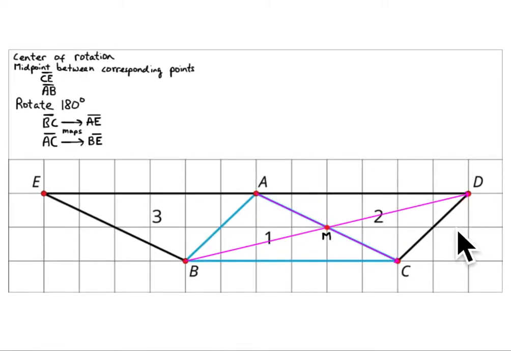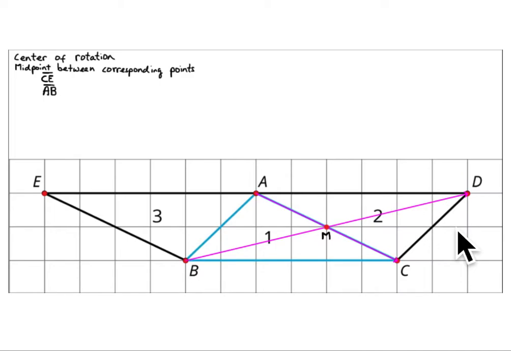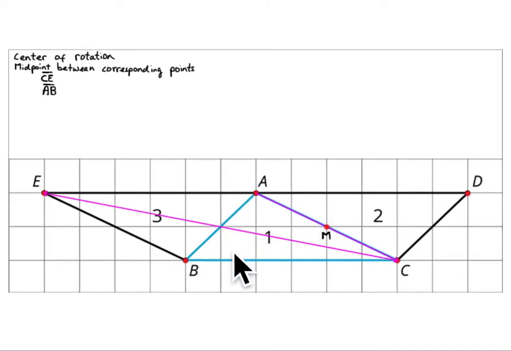All right, so now we're going to rotate the triangle 1 to triangle 3. So again, you have to find the center of rotation, which is the midpoint between the corresponding points. So you're going to go from A to B. Those are corresponding points because this triangle is going to rotate around, and since the center of rotation is on the line, A is going to just end up on the same line in the opposite direction, so an equal distance away.